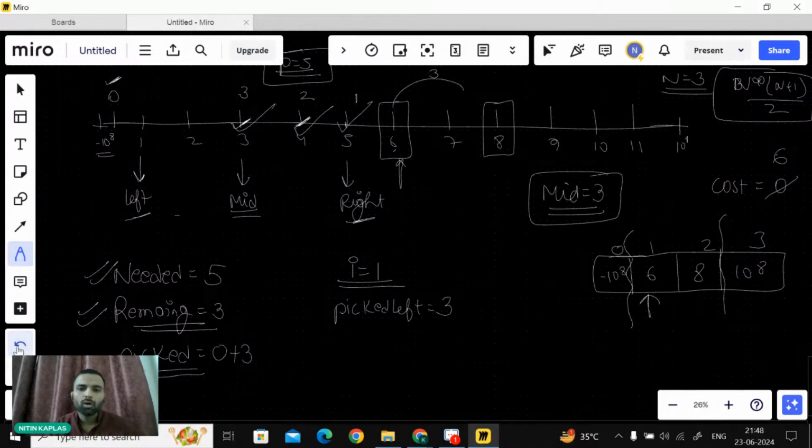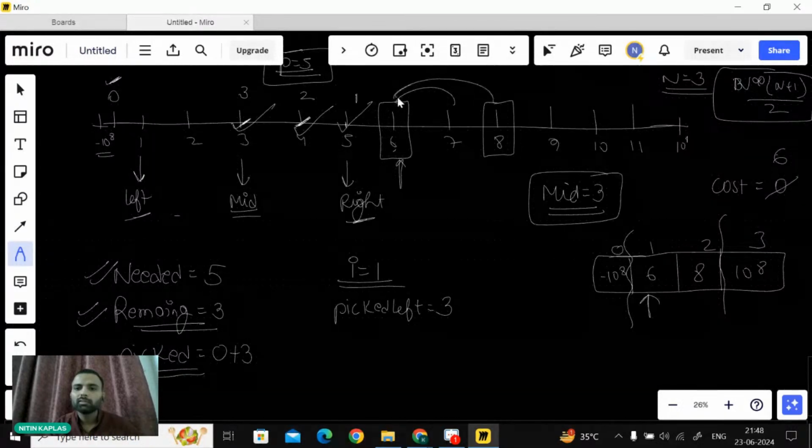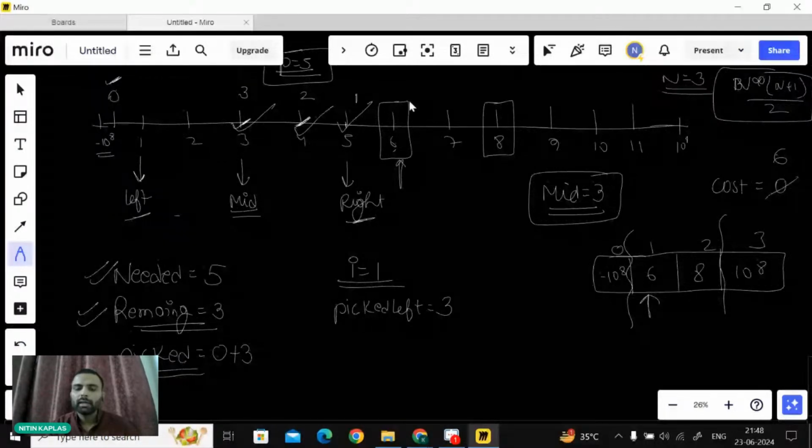But please focus here, only between these two stations. If you buy this, this is a police station. You are not able to buy that, right? Okay. So your range will be 3, but how many plots are there?